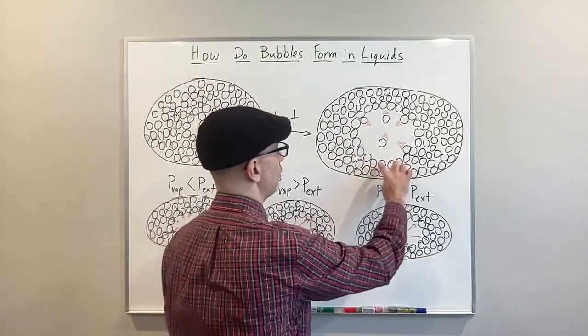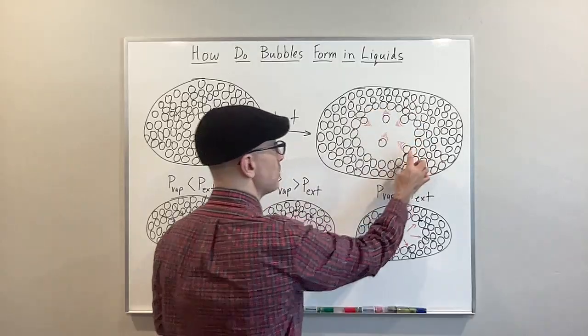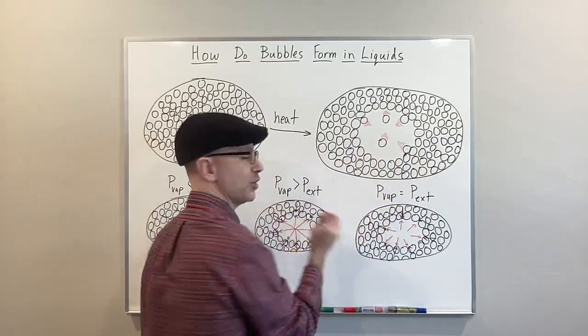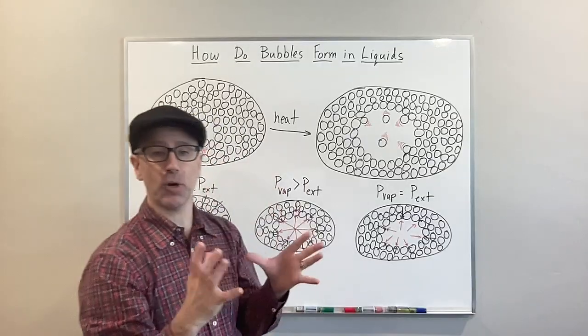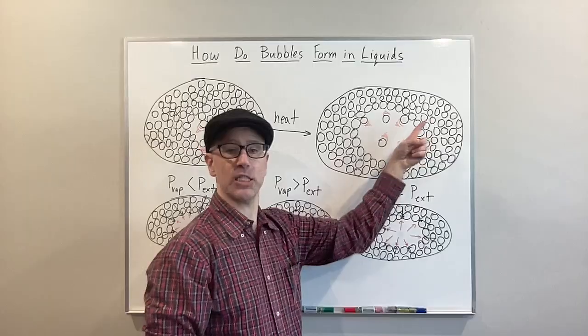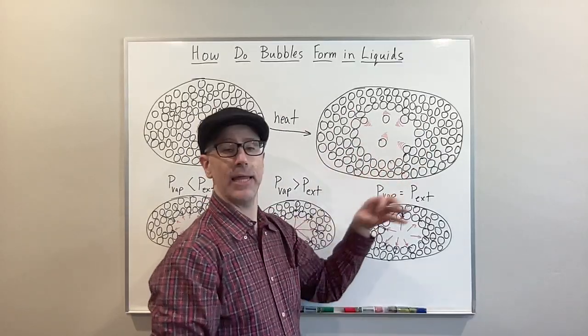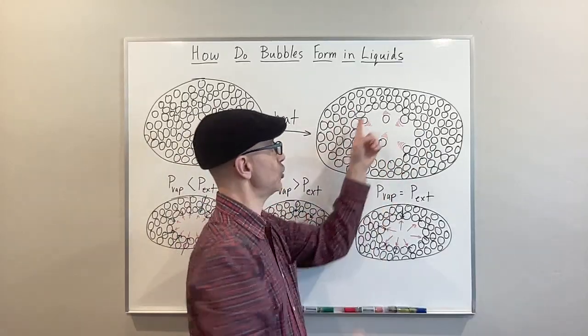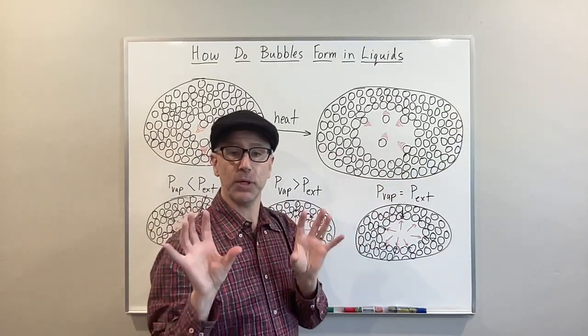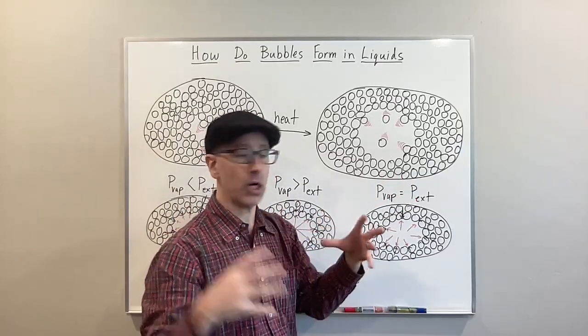So here you have the surface of the liquid. Some water molecules on the surface of the liquid can have enough energy to break free and become vapor. And then as they travel across the space of the bubble, they can hit the surface with a certain amount of force, causing space to be produced, so the bubble can get bigger.